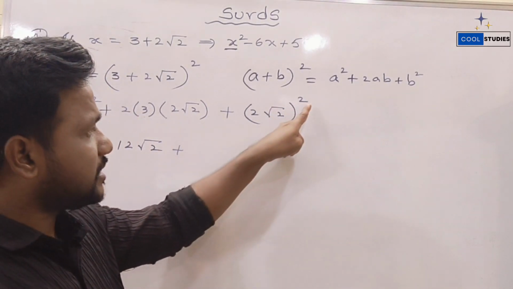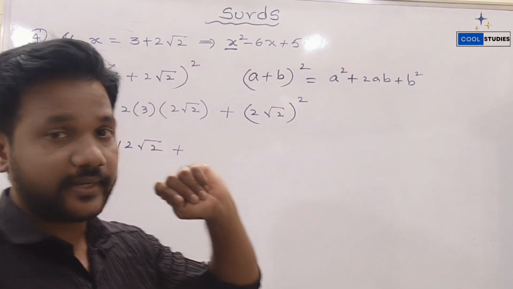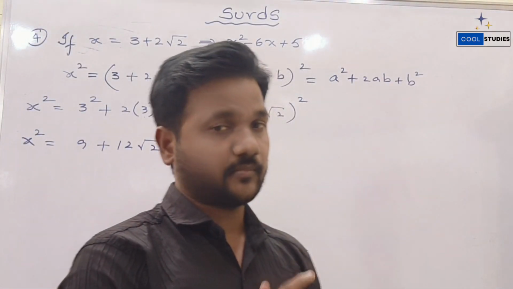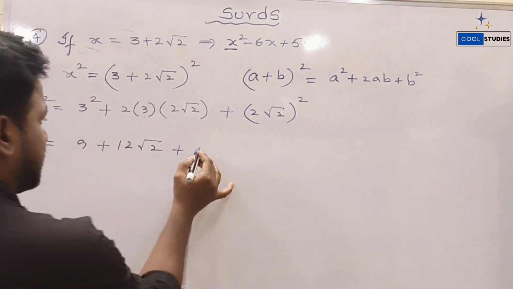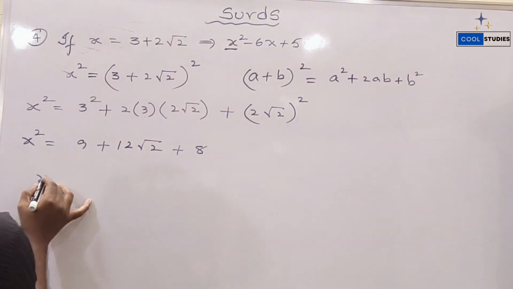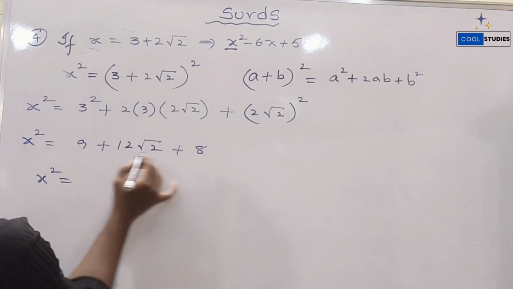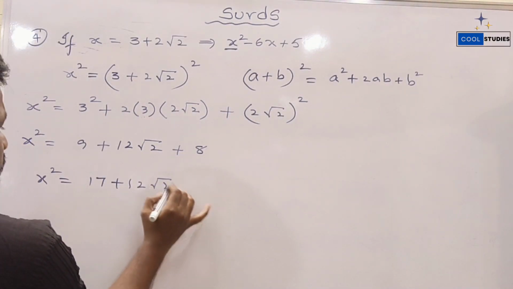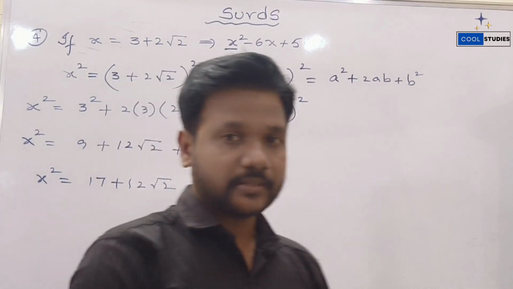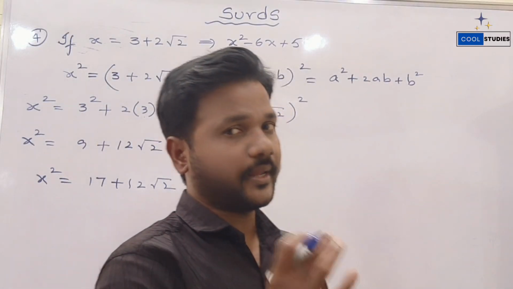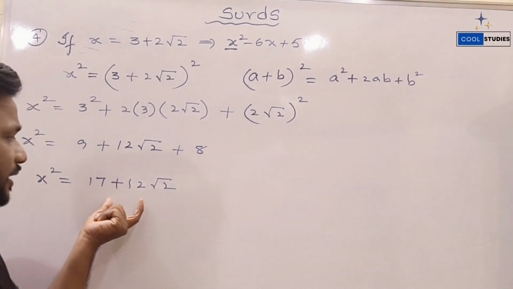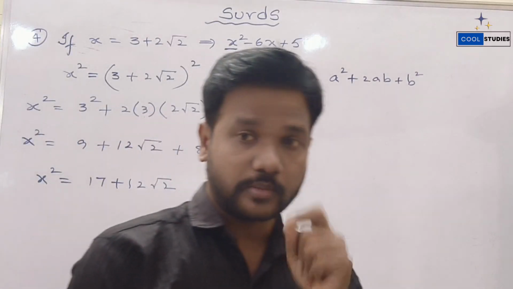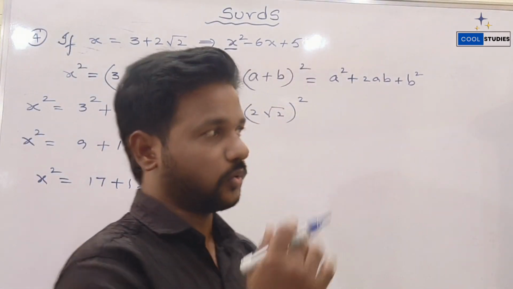And if we apply the square to root 2, the root and square cancel, 4 into 2 is 8. So what value do we get here? x square is equal to 9 plus 8, 17 plus 12 root 2. So we got the x square value.